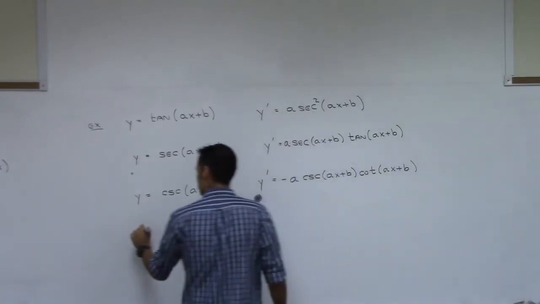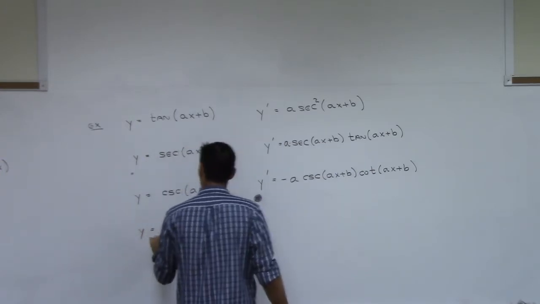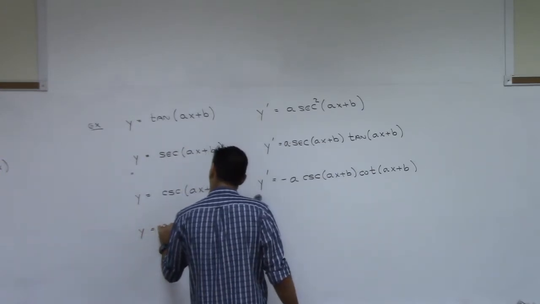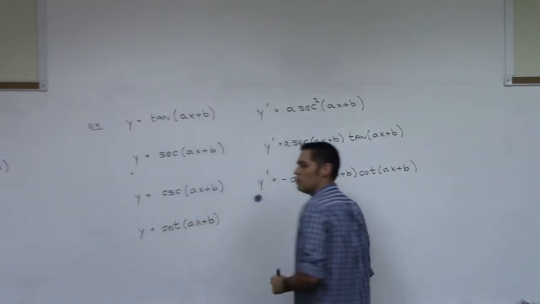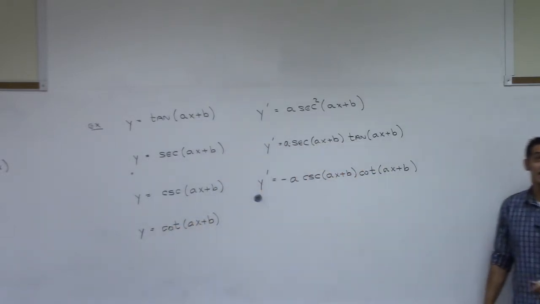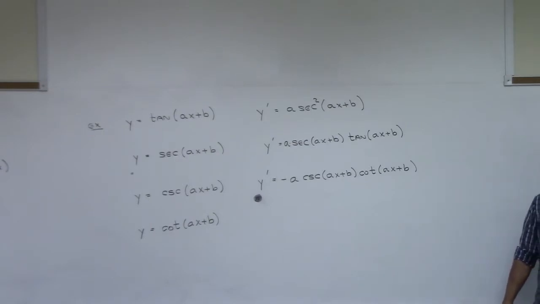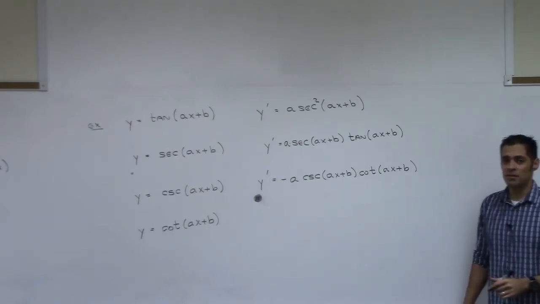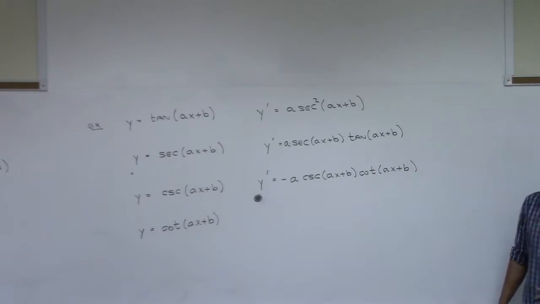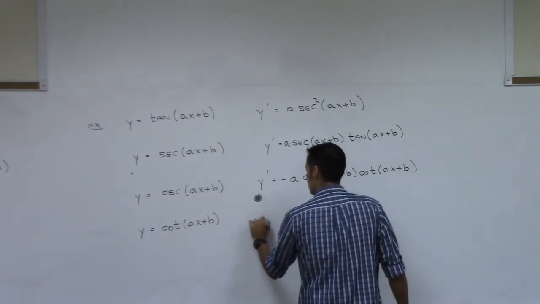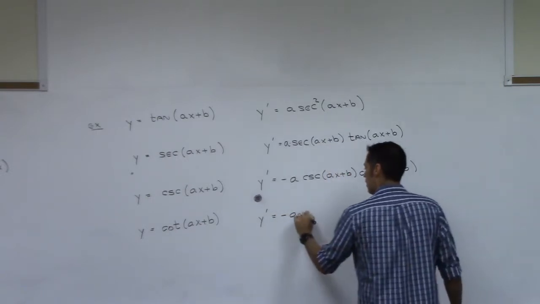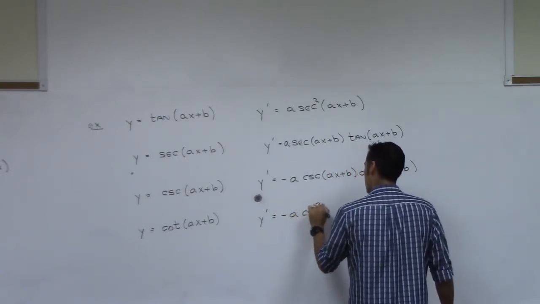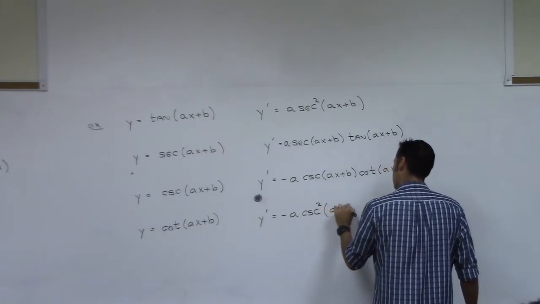The last one, y equals, what's the last one? Cotangent x? Or cotangent of ax plus b? Now the derivative of cotangent x is negative cosecant squared x. So this is going to be, again, a negative a pops out because of chain rule, and then it's cosecant squared of ax plus b.